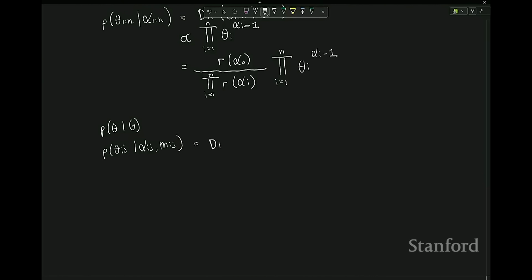And we're saying that this is a Dirichlet distribution. So, one parameter for each r sub i, or value that the node can take on. And there are r sub i of those for node i.